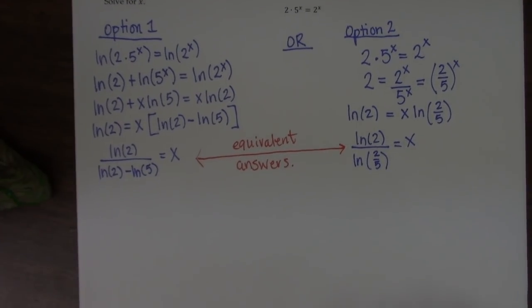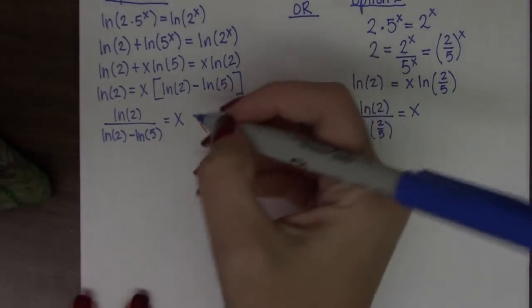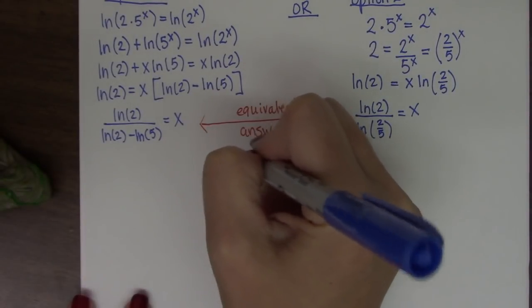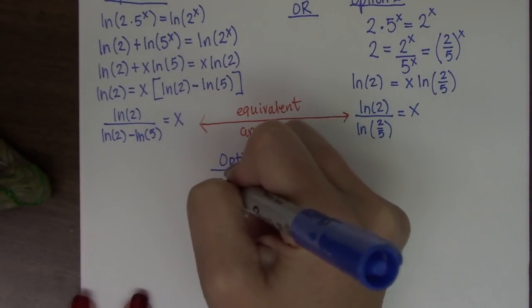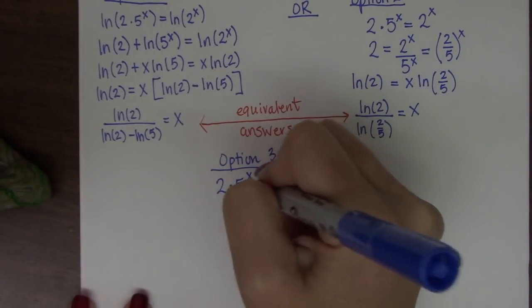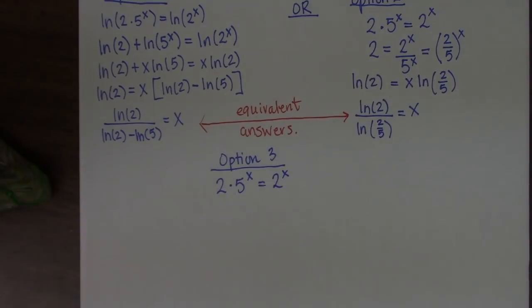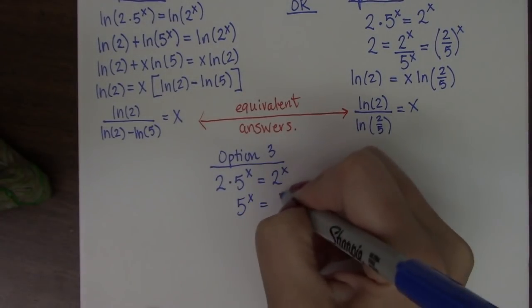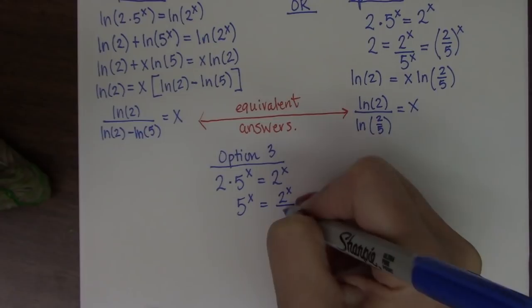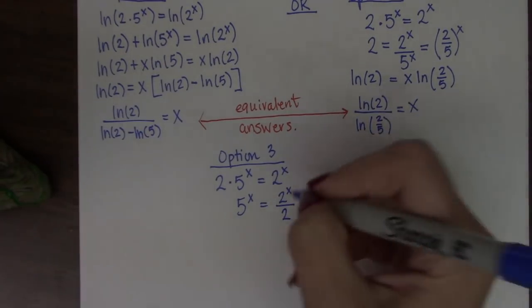A third option that we could do is we could start with the original equation, and you might see I have 2's on both sides, so I want to combine the 2's. So you can say, well, 5 to the x equals 2 to the x over 2.